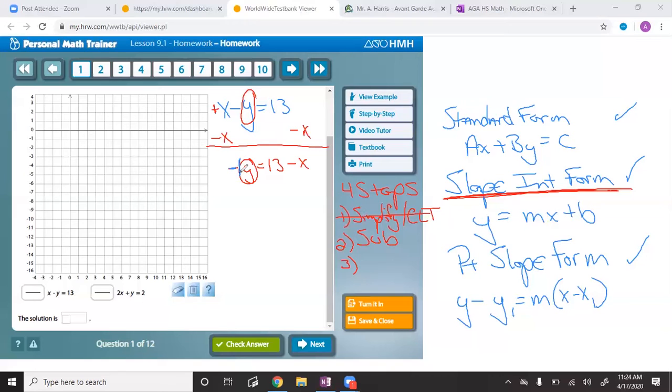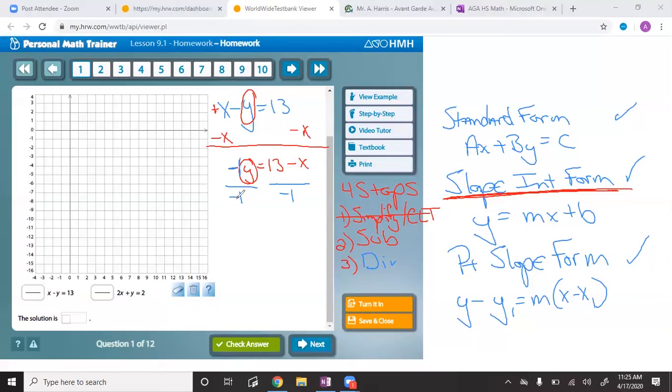So that says negative 1 times Y, correct? Yes. So what are you going to do to remove it? Divide. So I divide by what? Divide by -1 itself. If I do it to one side, I must do it to the other. There you go.